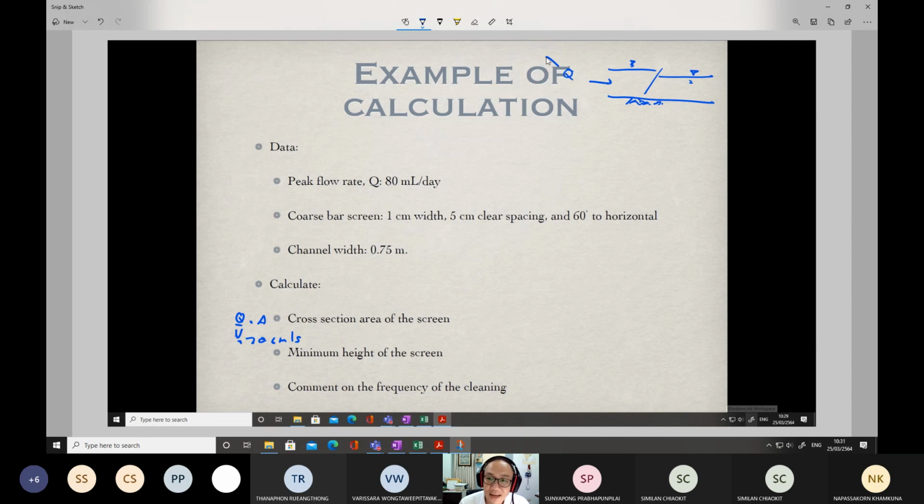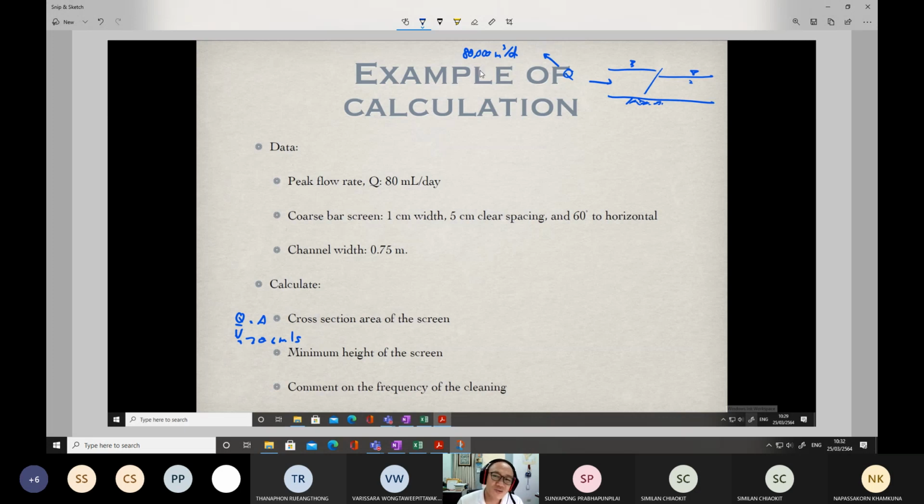Flow rate is given as 80 million liters per day, 80 times 10 to the power of 6 liters. If you multiply by 10 to the power of minus 3, you will get it in terms of cubic meters per day. And the velocity is given as 0.6 meters per second.